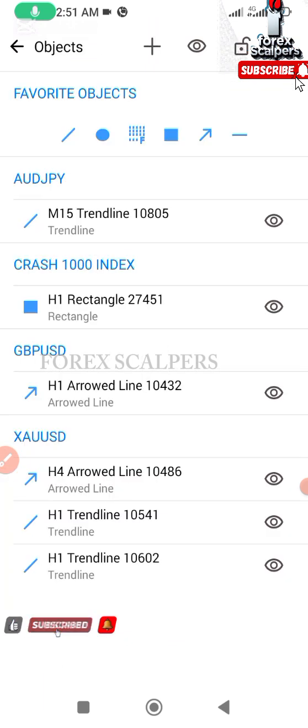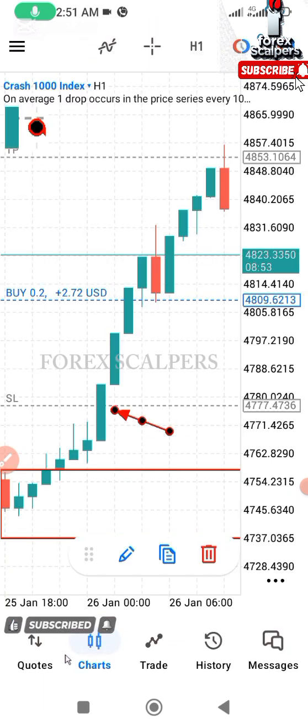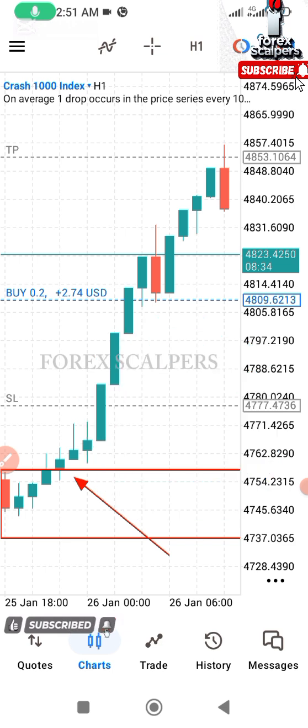First of all, you will pay attention to the high of the previous candle before the candle under consideration. So which one is the candle under consideration? We are considering this candle.